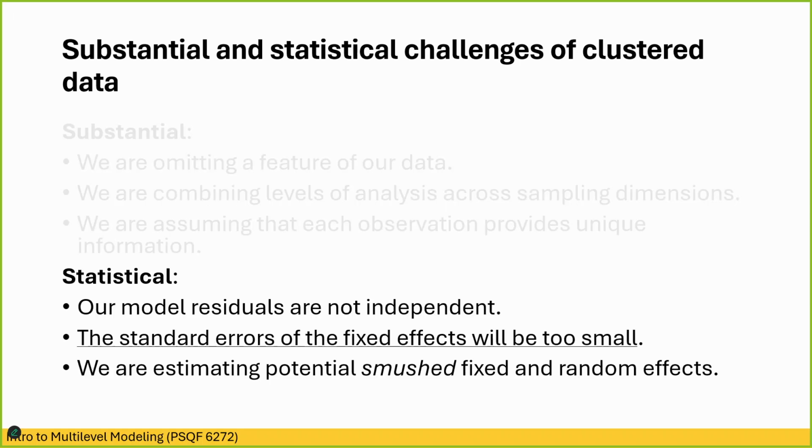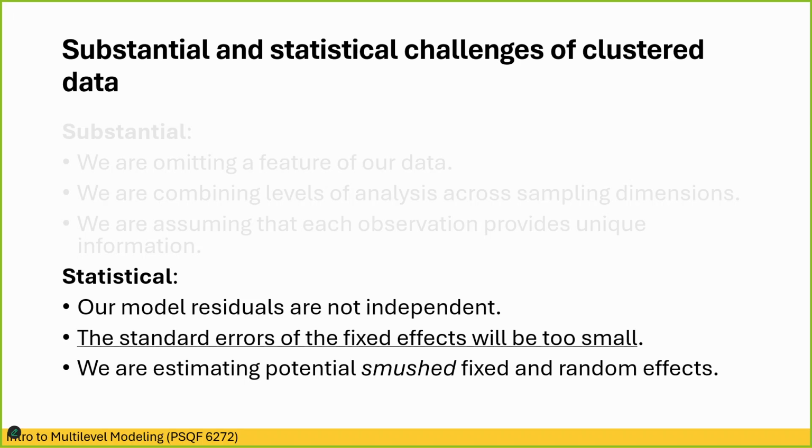And then we can have statistical problems. Two things. One of them, our standard errors will be too small, because the assumption of independent observations leads to having more information than what we should have in our data.